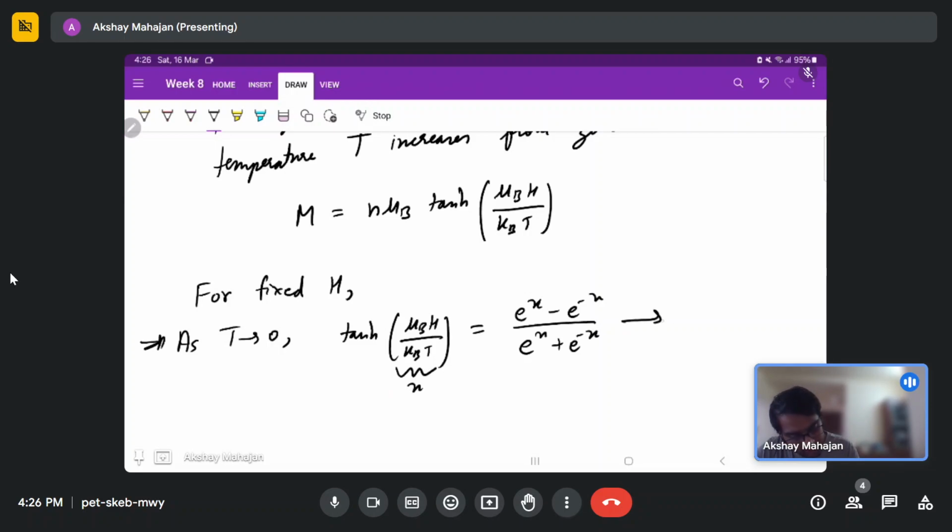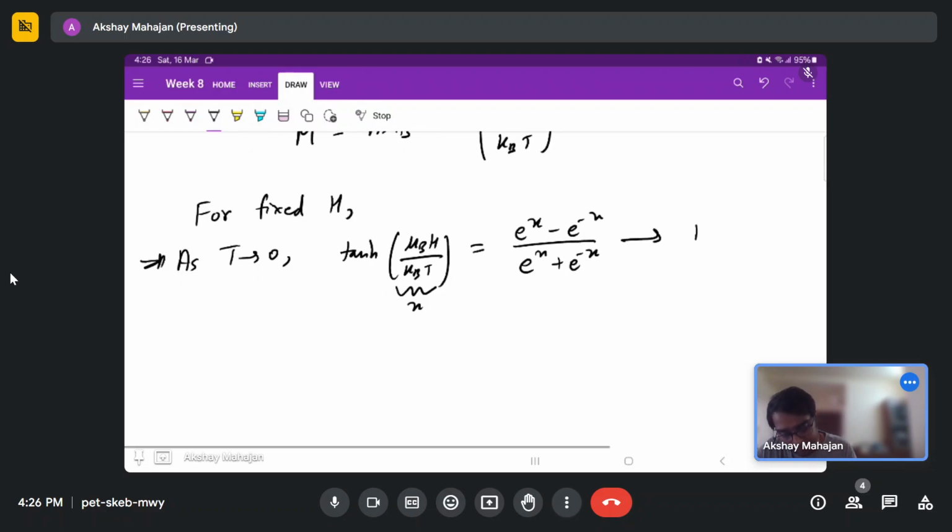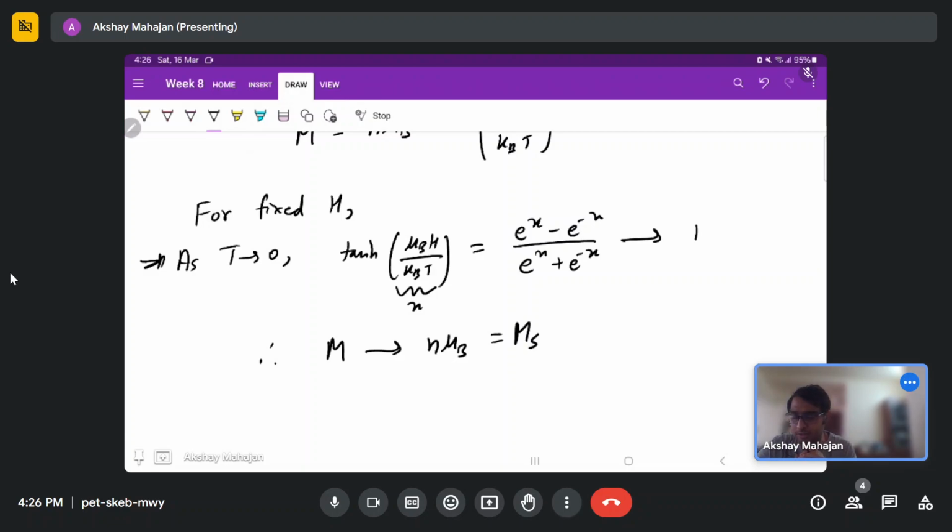Now this will tend towards 1. You can see that as T tends towards 0, this x value will tend towards infinity, so e to the power minus x will tend towards 0. You will have e to the power x upon e to the power x, so tan hyperbolic of this will tend toward 1. Therefore your magnetization will tend towards n times mu B, which will be your saturated magnetization.